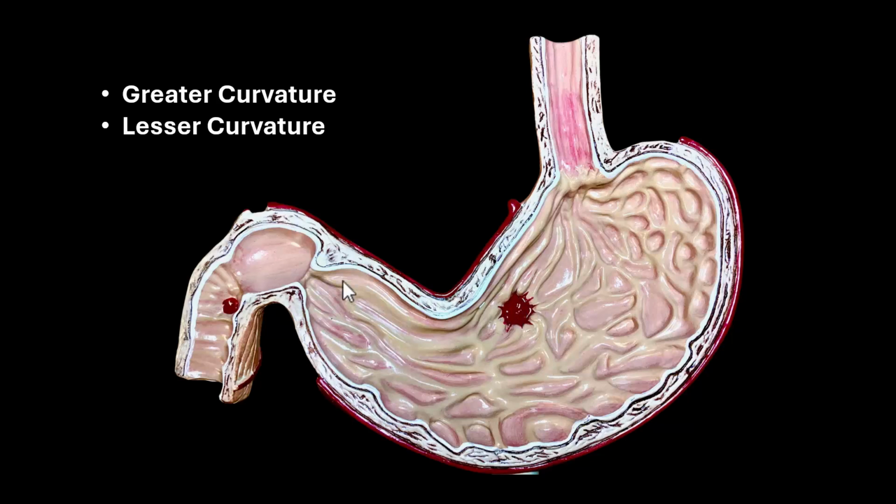Now you may be wondering what these are. This is going to be a gastric ulcer, an erosion through the mucosa of the stomach. And we've learned that a lot of times that's caused by a bacteria called Helicobacter pylori. And then over here is a duodenal ulcer.